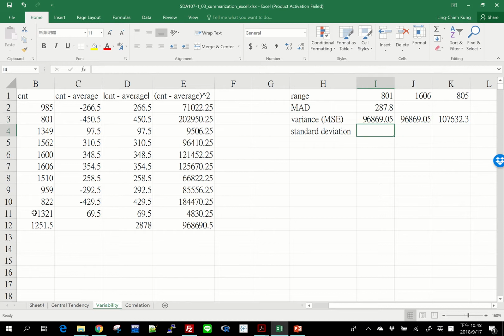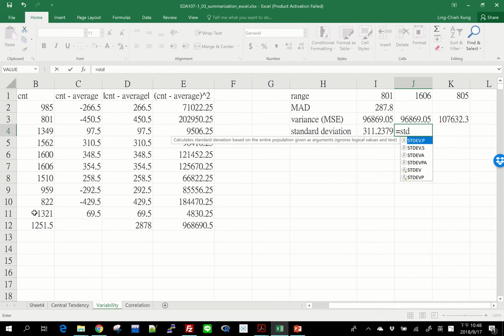Okay, lastly, standard deviation. Given that you have MSE, you just take the square root of it. Then it's standard deviation. Here I'm using the function SQRT, square root. Apply it to any value and you get the square root. In this case, this is the standard deviation.